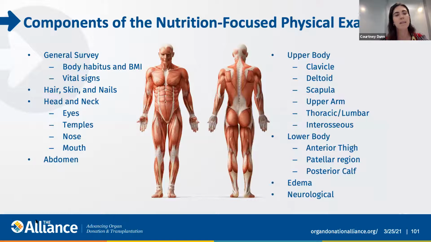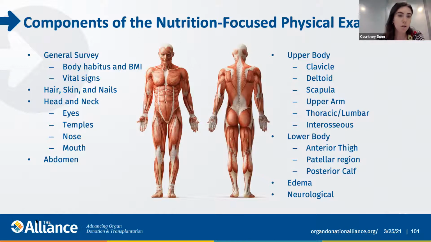So components of the exam, as we've talked about, but mainly how the nutrition-focused physical exam can fit into our transplant assessment. So it's a general survey of the patient. We're assessing body habitus and BMI, which can be useful in determining whether or not a patient can be a candidate for transplant. All transplant centers will have BMI criteria for their candidates, and that criteria will also depend on which organ is being transplanted.